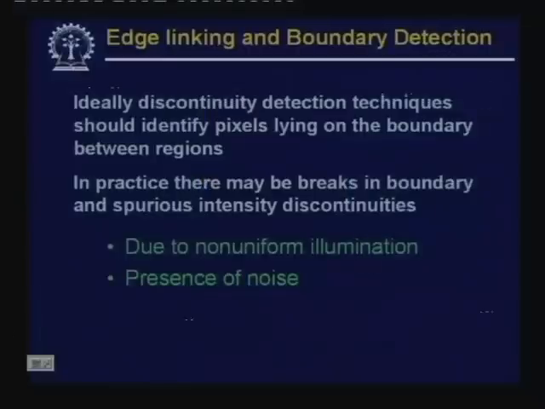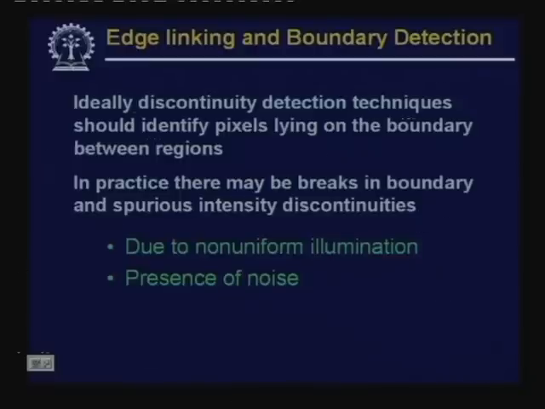We say it is the boundary between the regions because we assume that it is a transition region from a low intensity region to a high intensity region or from a high intensity region to a low intensity region. But while trying to implement this, it has been found that the edge points which we expect to be continuous to give us a meaningful boundary description of a segment cannot be achieved in practice.